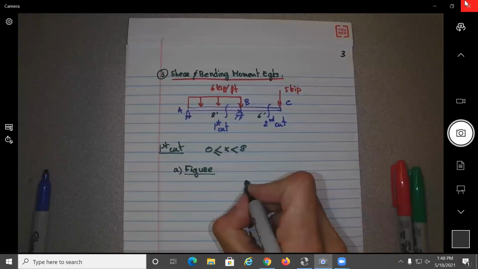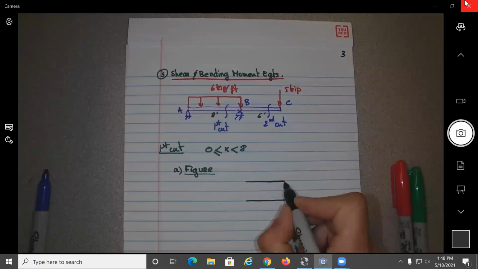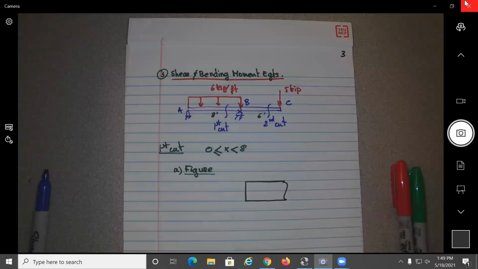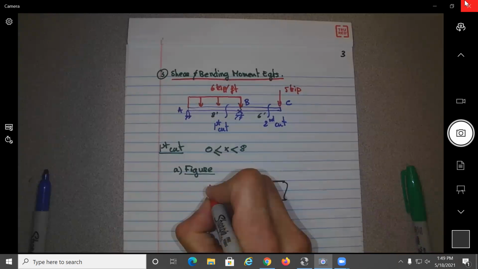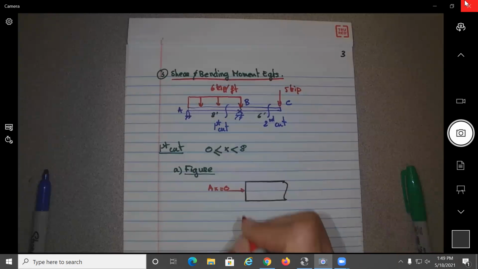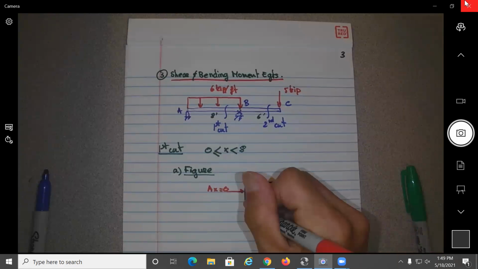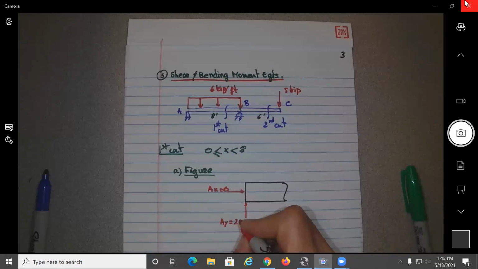So I magnified a little bit, so it will be the cut over here. So we start from this point over here. This is point A. So what do we know about A? We know that AX was equal to 0. We just calculated AY to be equal to 20.25.